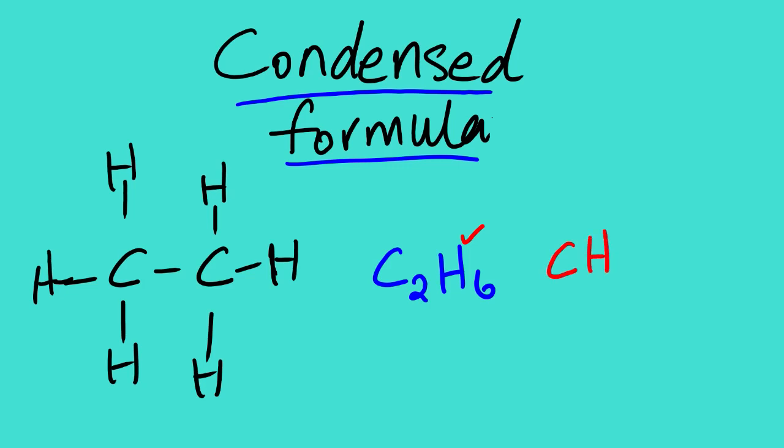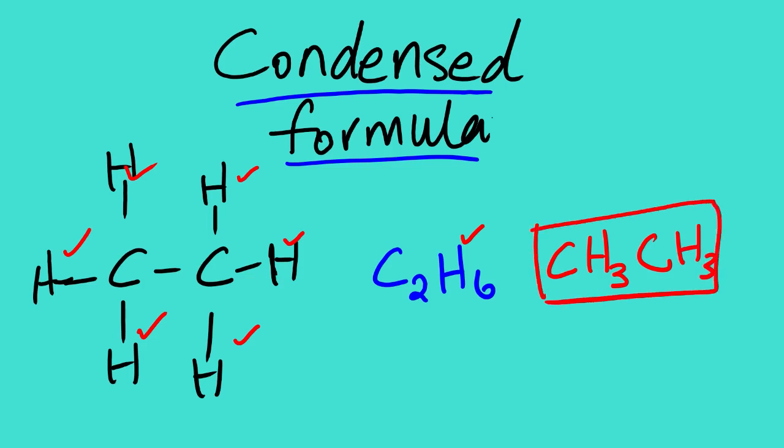So the first carbon, how many hydrogen atoms do we have? 1, 2, 3. So it will be CH3, and then the next carbon, we have 1, 2, 3, so CH3 again. So this is the condensed formula, this is the molecular formula, this is the structural formula.